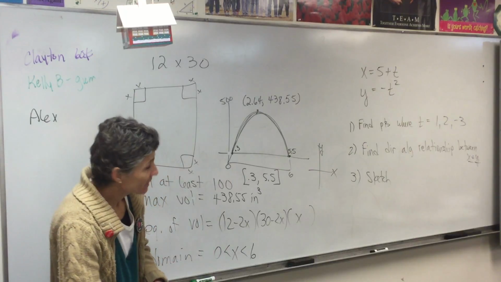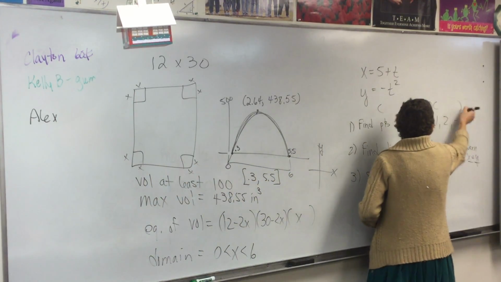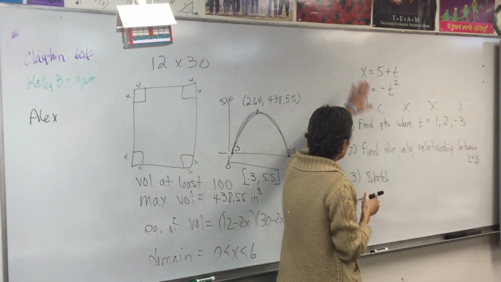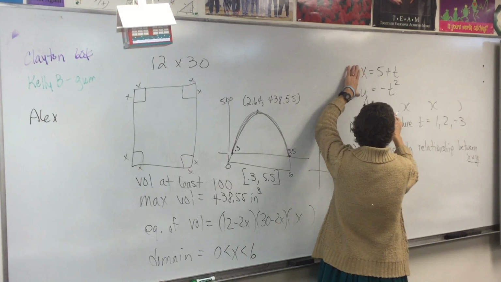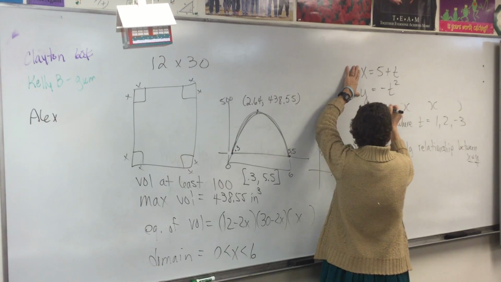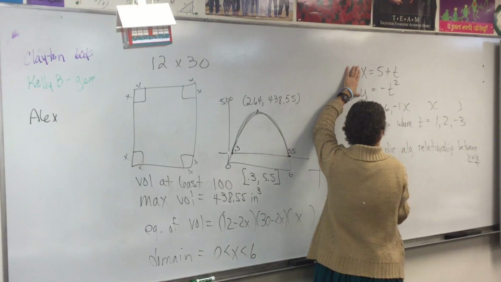Okay, so find the points. That's easy. If t is 1, what's our x and y? 6 and negative 1.